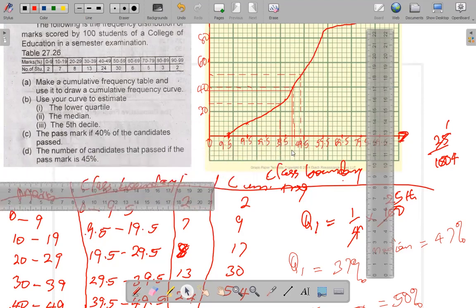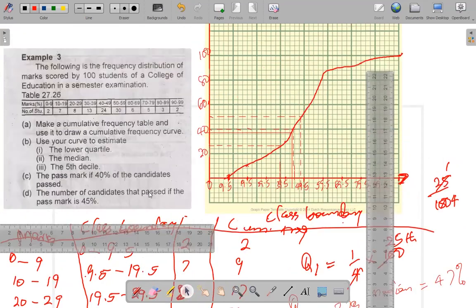That means if my pass mark is 45%, anybody that scores above 45 passes the test. So people from here upward are the people that pass. So what I will simply do is to subtract from 100%, that is 100 cumulative, from here I have about 38.